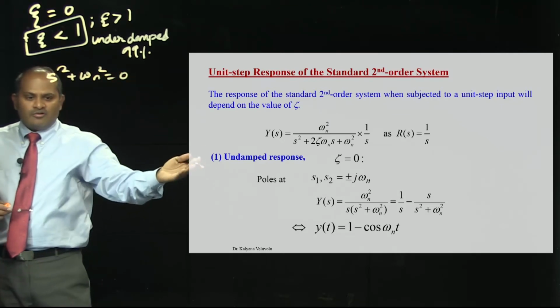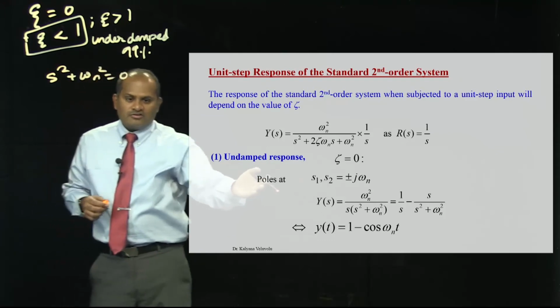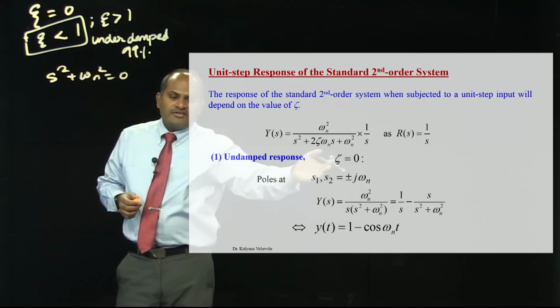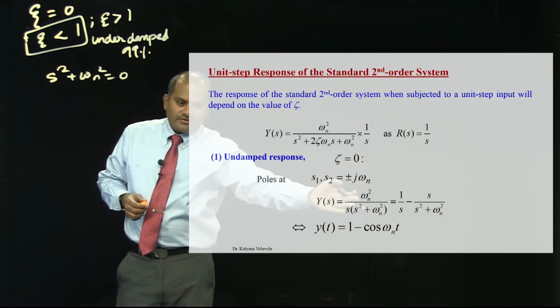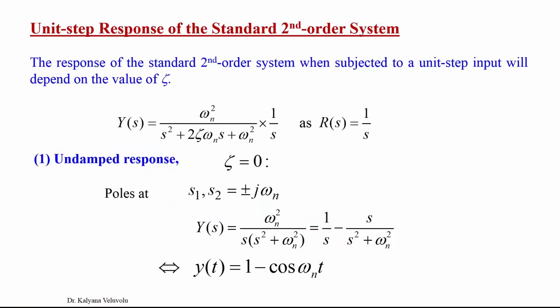So you can formulate the roots and then get our transfer function Y of s equal to omega n square by s into s square plus omega n square. You can separate into partial fractions, and then I can get the time domain response: y of t is equal to 1 minus cos omega n t.